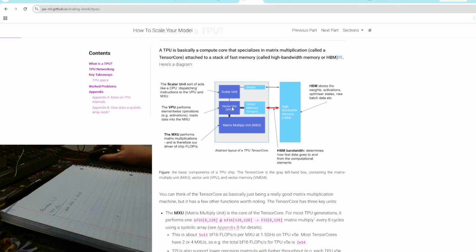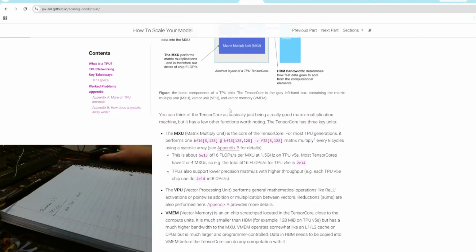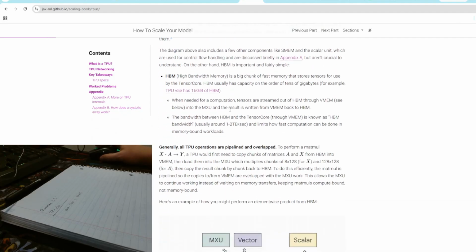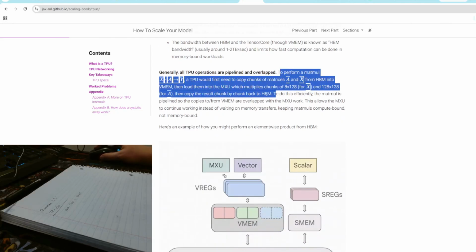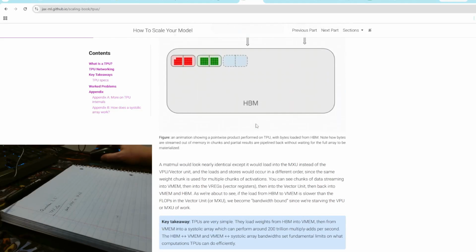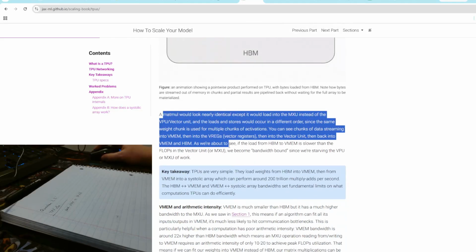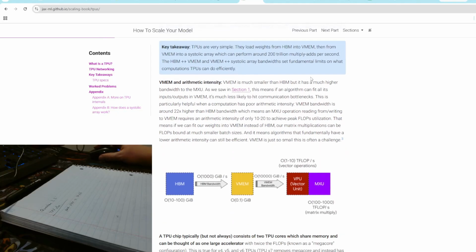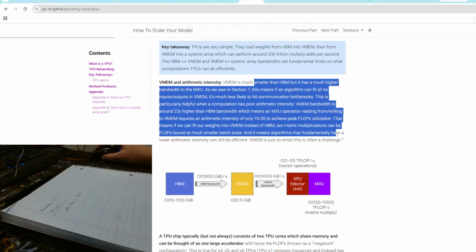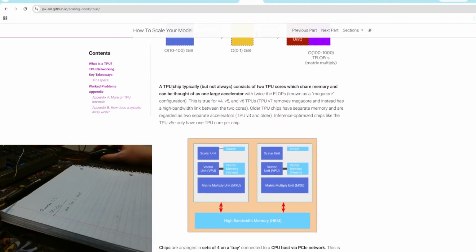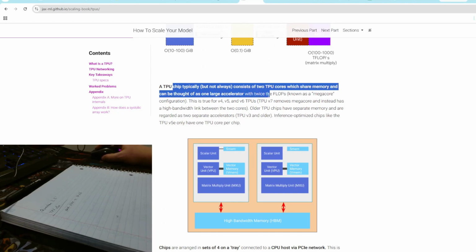Okay, so this is a tensor core. Didn't they say that each TPU generally has 2 tensor cores? No. A TPU chip typically consists of 2 TPU cores which share memory.